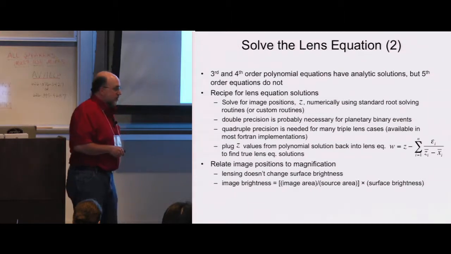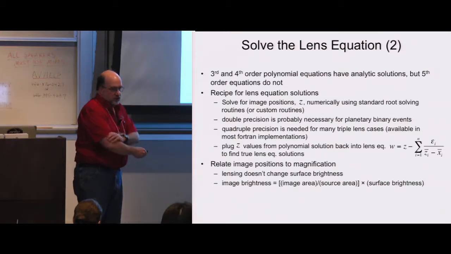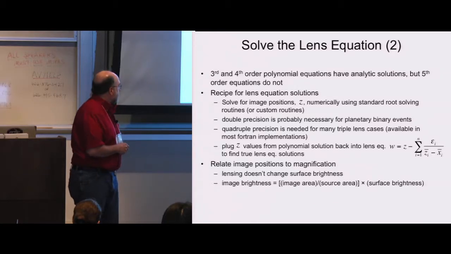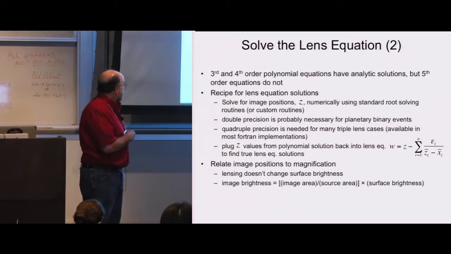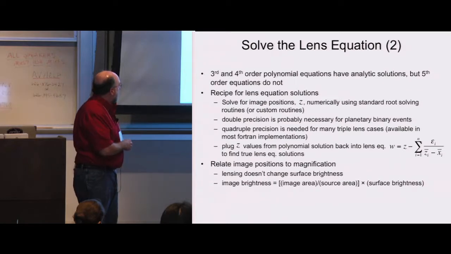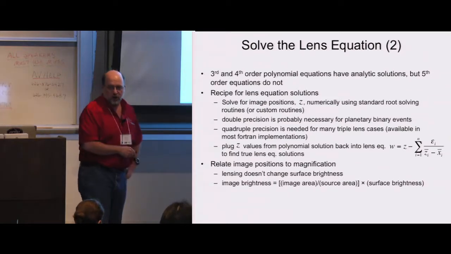Okay, so this is how you find the locations of the images for lenses made up of point masses. But this doesn't directly give you the magnification. But lensing doesn't affect the surface brightness.